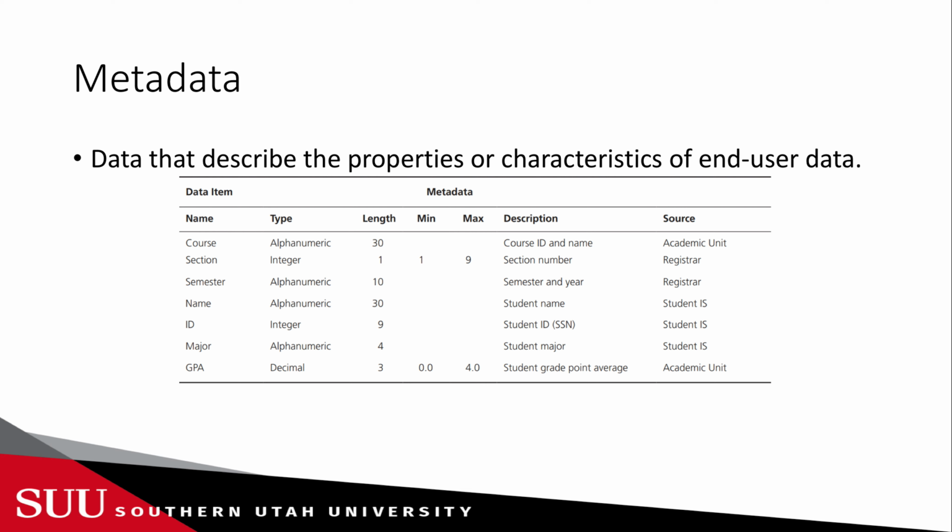So it is going to tell me information about the data, but it's not going to tell me the actual data. So metadata is data or information about our data.